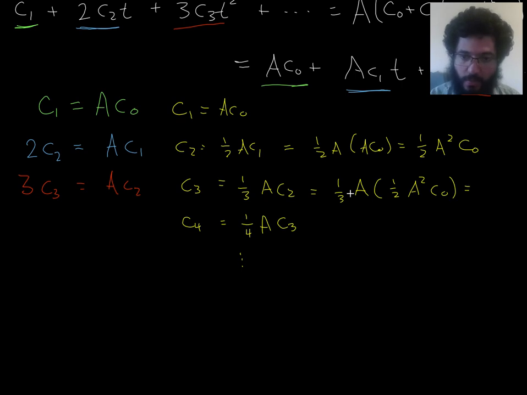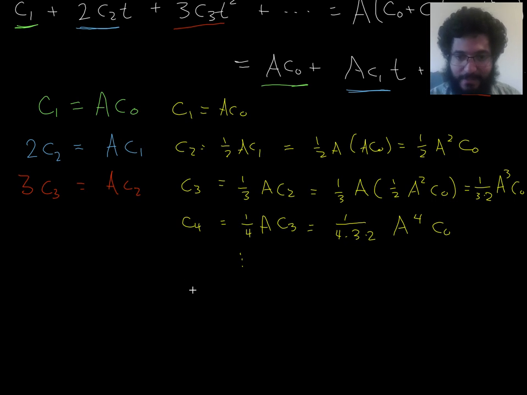So I have 1/3 times 1/2, so 1/3 times 2, times a cubed times c0. And then can you see what's going to happen here? I'm going to get 1/4 times 1/3 times 1/2 times a to the 4th times c0. Can you see the general formula?